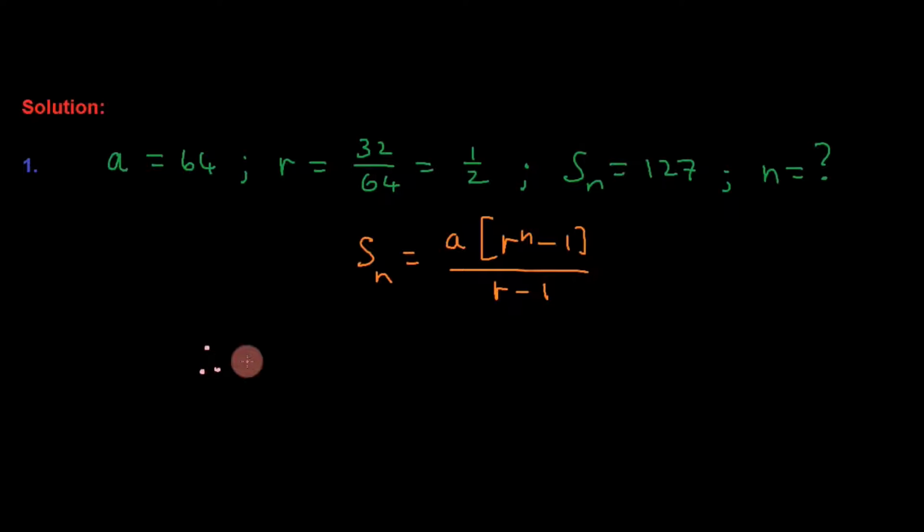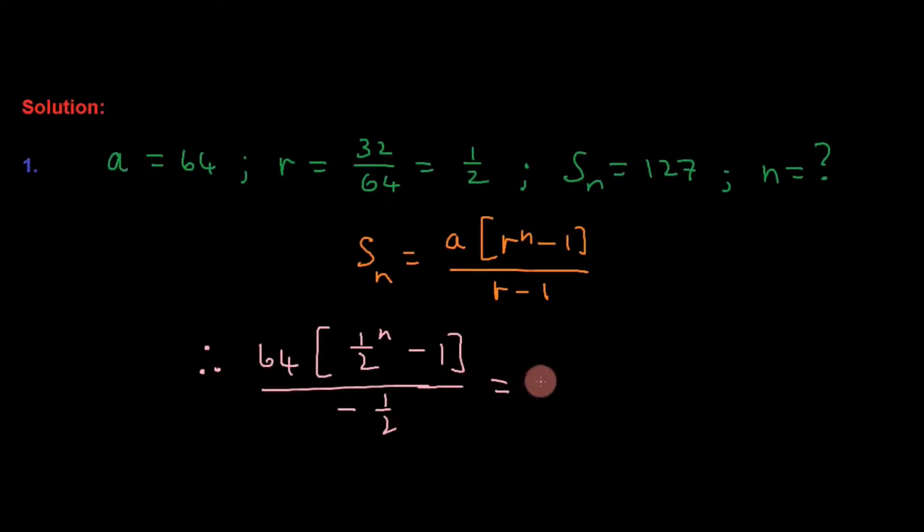And we can substitute in our values. A is 64, r is a half, and in the denominator here we have a half minus 1, which is negative a half. So this is S sub n, and it must equal 127.